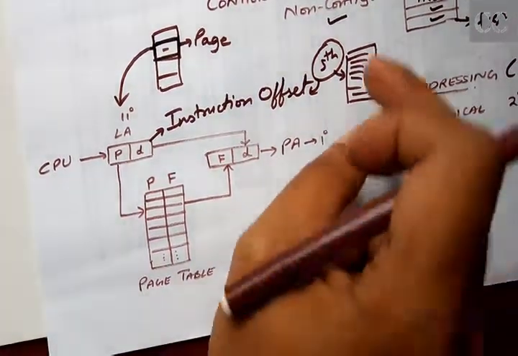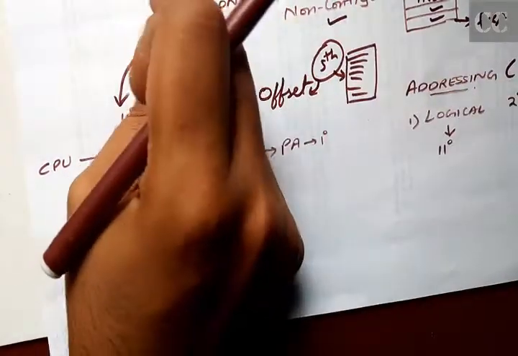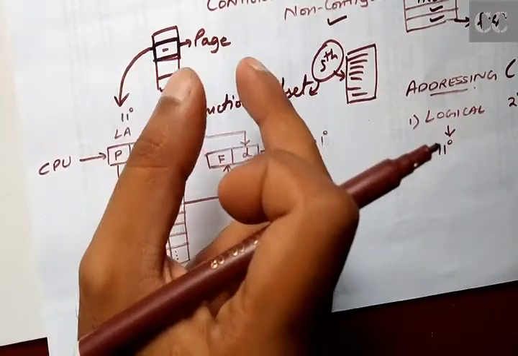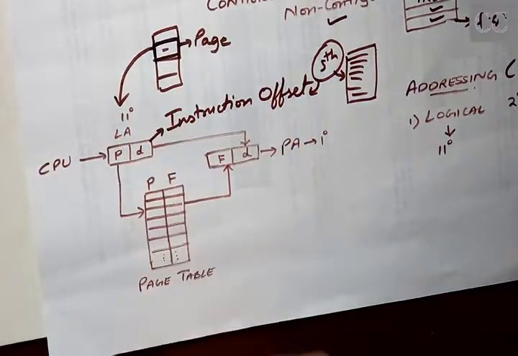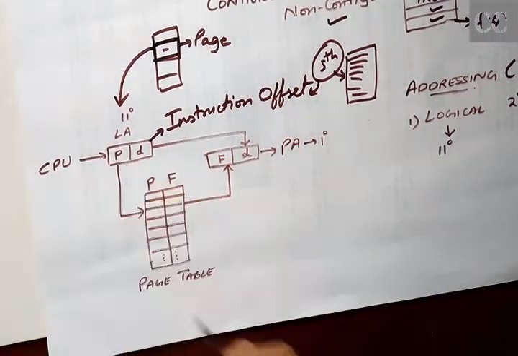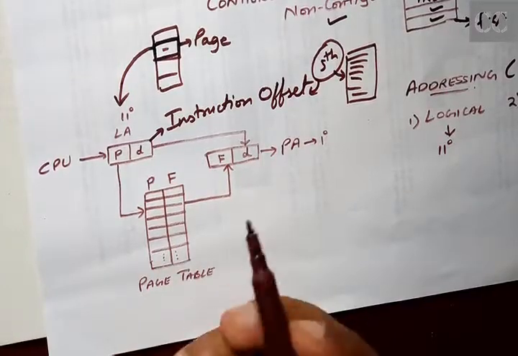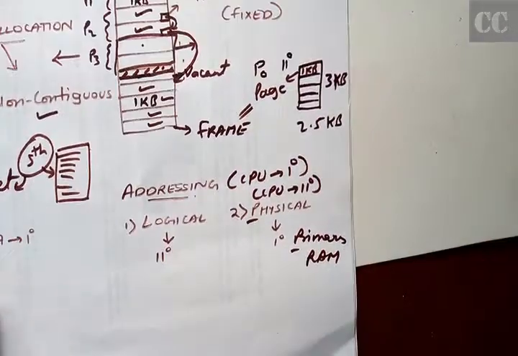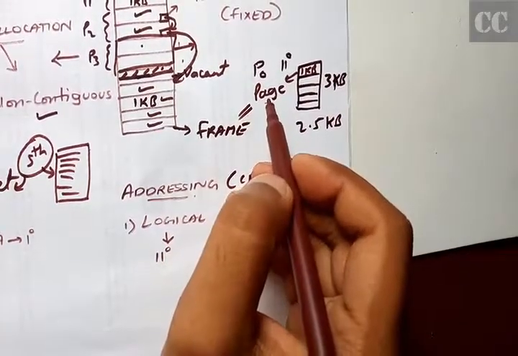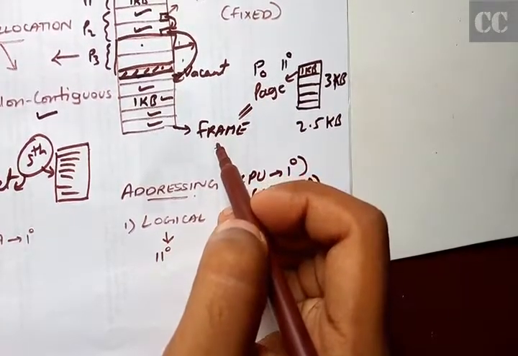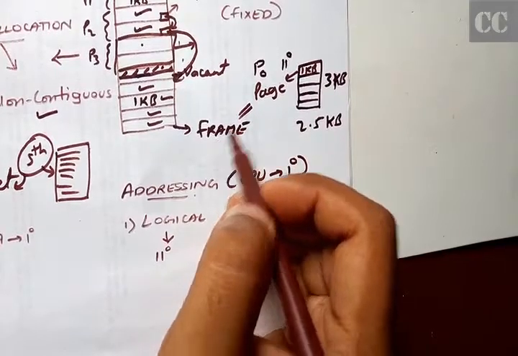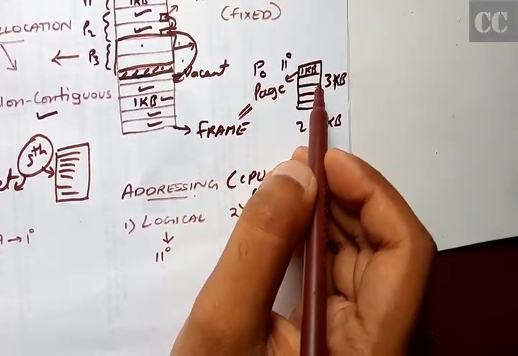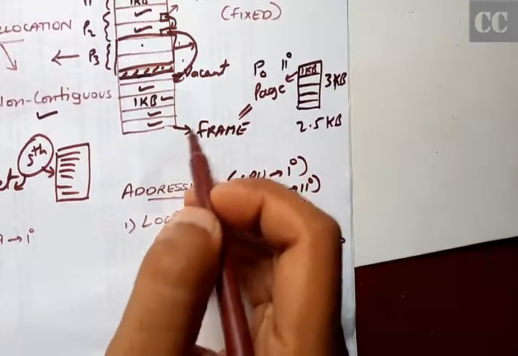A set of instructions is available in the page, and inside the page we can specifically say, please execute the third instruction or fourth instruction. That is the offset. So the first concept that we must remember, as we had discussed already, is that the page size and the frame size are always equal. That is, if instruction number 3 is available on a page, it will again be instruction number 3 in the frame as well.